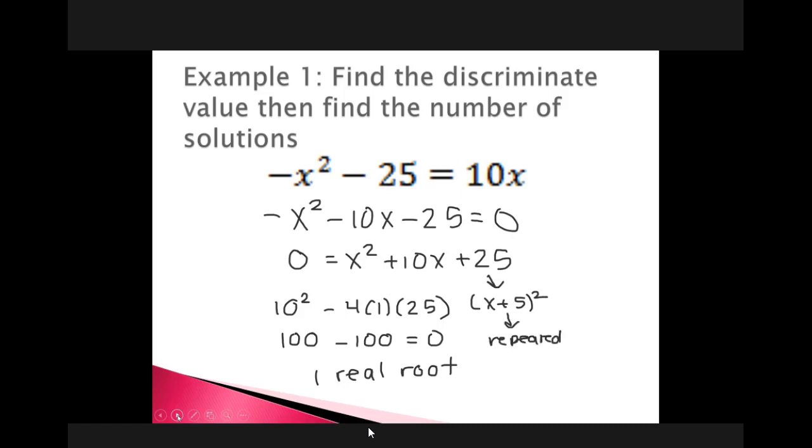And this is also the case where your vertex, and again, we have a chapter test, that's why we're going through and talking about all of this again, the vertex is on the x-axis. So this is a case of a repeated root in factored form where your vertex is on the x-axis, which is why you only have 1 real root.